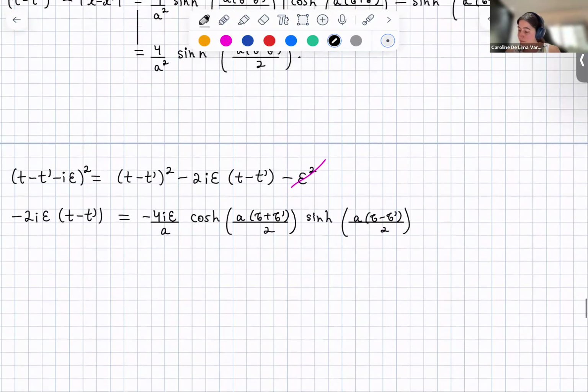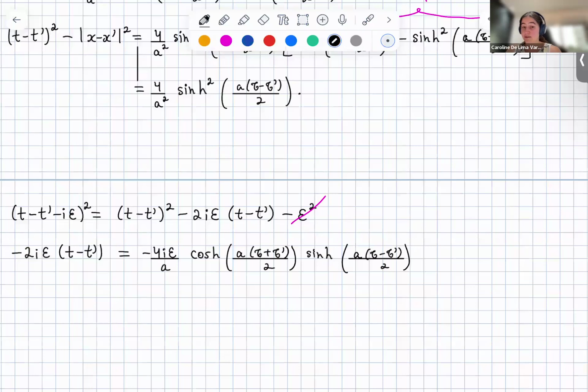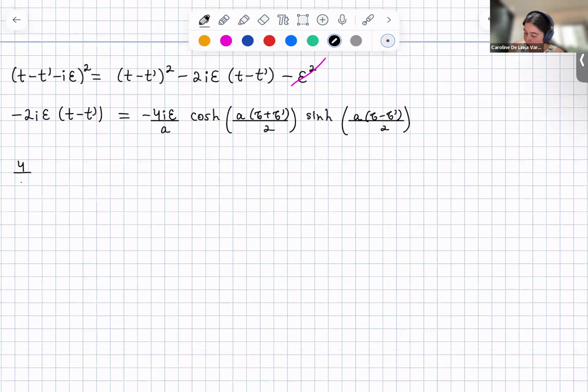Whereas, let's see what it would be if, instead of having 4 over a squared times the square of the hyperbolic sine, I evaluate at tau minus tau prime minus i epsilon. I want to understand 4 over a squared times the square of sinh of a times (tau minus tau prime minus i epsilon) over 2.